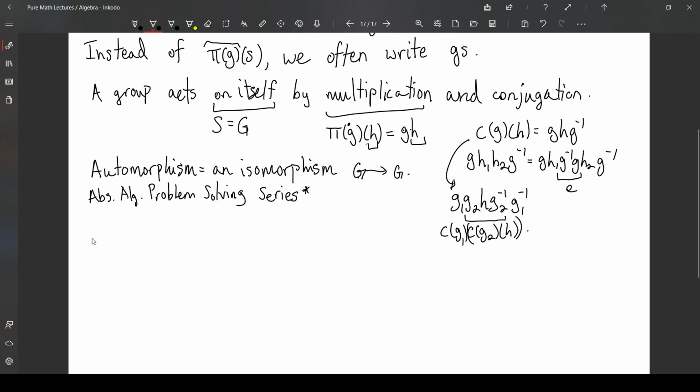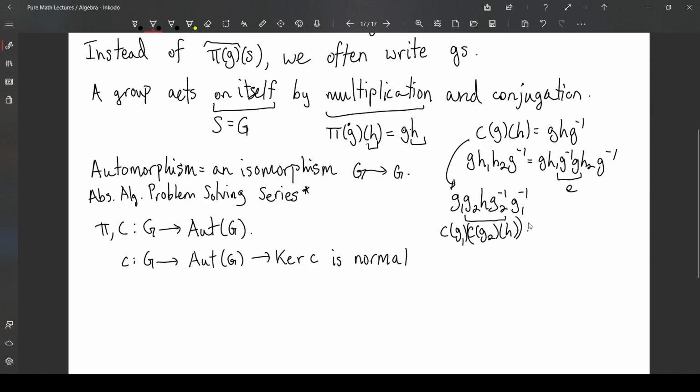So pi and C are group homomorphisms from G to the group of automorphisms of G. Namely, what this means is that in the case of C, let's just focus on C. Once we have a group homomorphism, we know that the kernel of C is normal, right? This is a result we've proved.